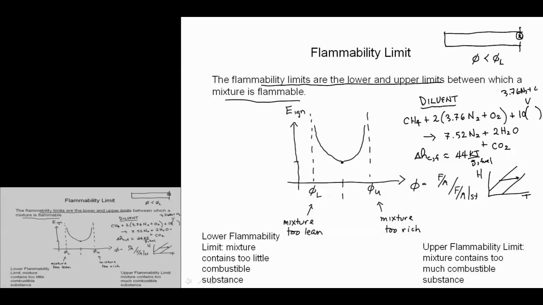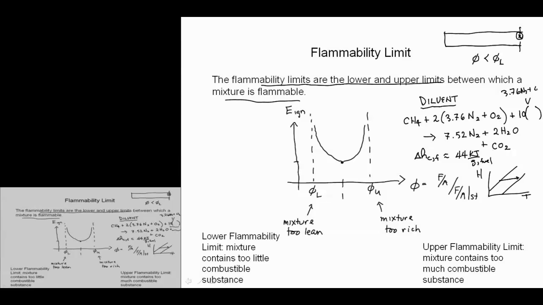All that stuff gets carried onto the backside because we've already used the amount of air necessary to get a reaction. The amount of air required for the reaction is 2 times 4.76 moles of air. So all this additional stuff is just a heat sink. And that's the way you want to think about this diluent.